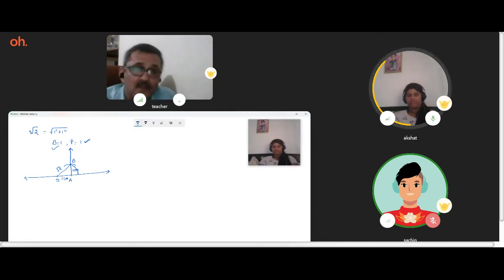Now I understood. Where this arc intersects the line, mark that point as C. I have written D, mark that point as C. So OC will be equal to root 2.